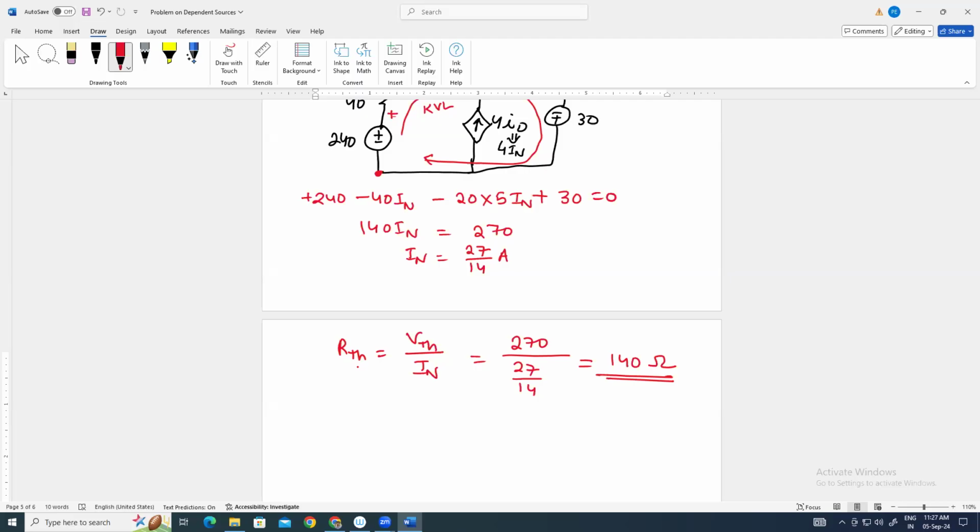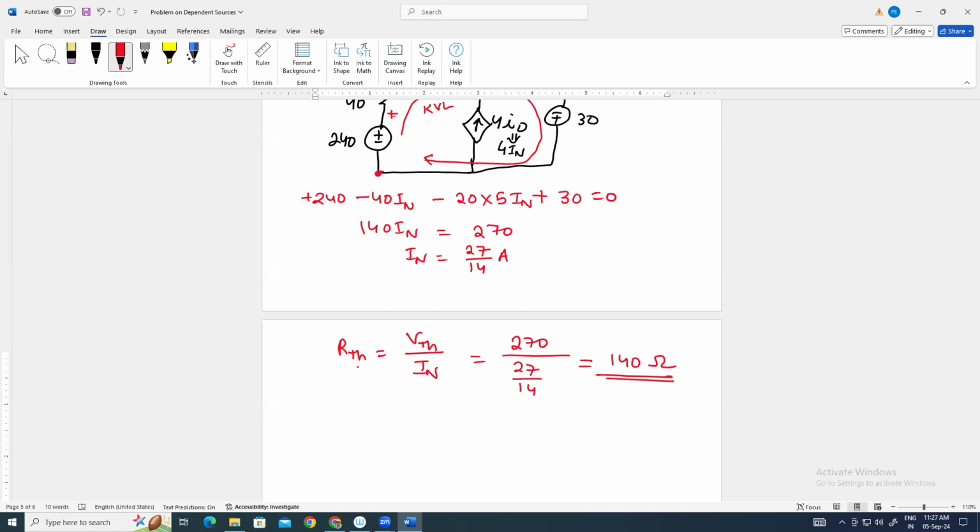Okay, so if we have dependent sources in the circuit, we can deal with these problems as it is, using superposition, Thevenin's, Norton's, any network theorem, whatever is given. We know that dependent sources will remain as they are in the circuit, and we have to replace only independent sources.